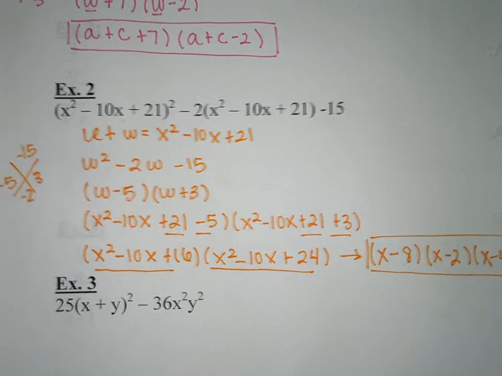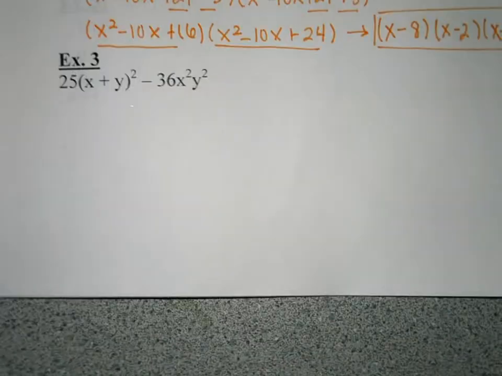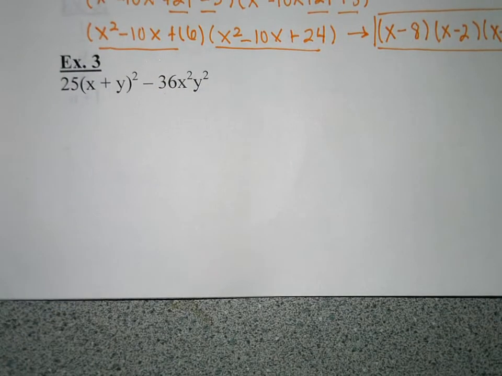Okay, our last one, example 3, is 25 times (x + y) squared minus 36x squared y squared. So we have two options here.